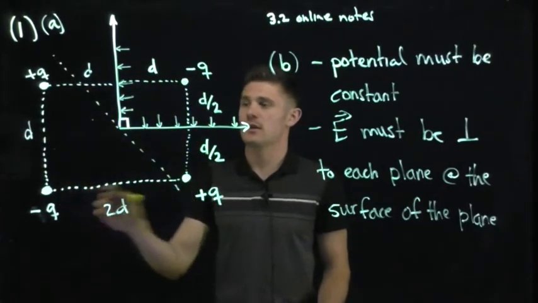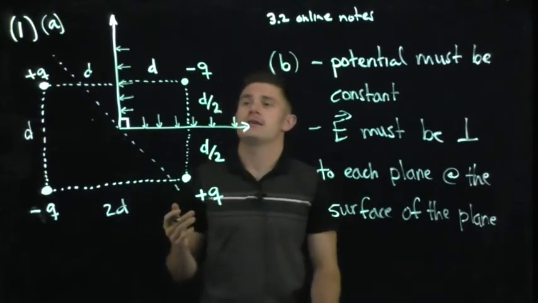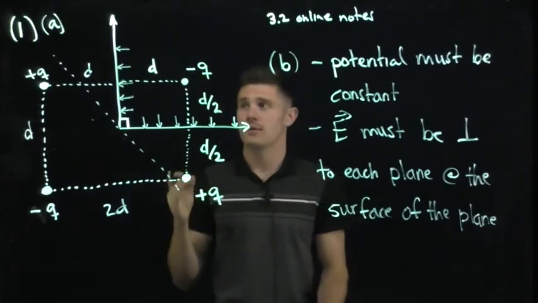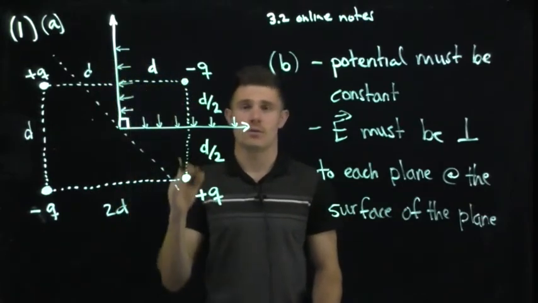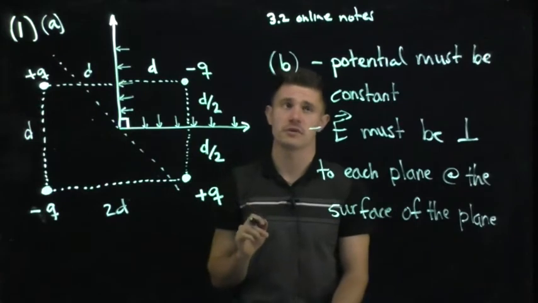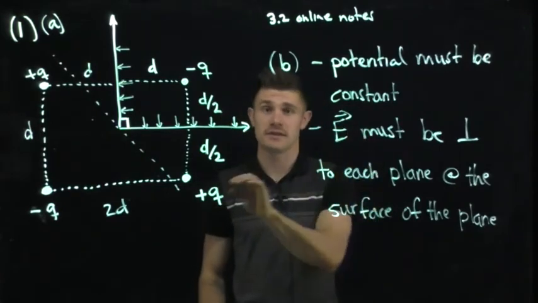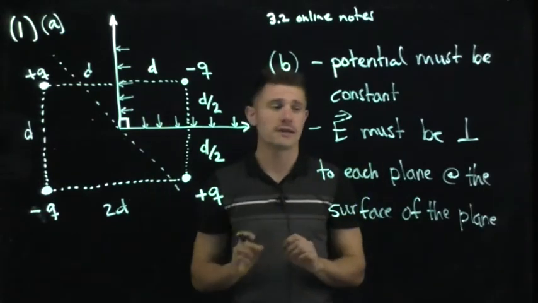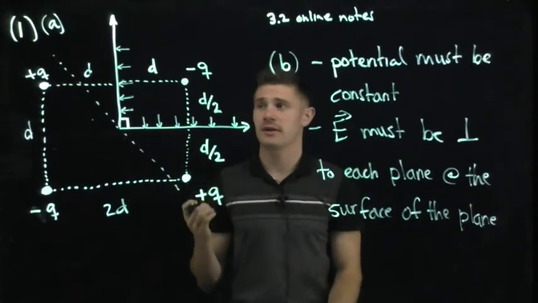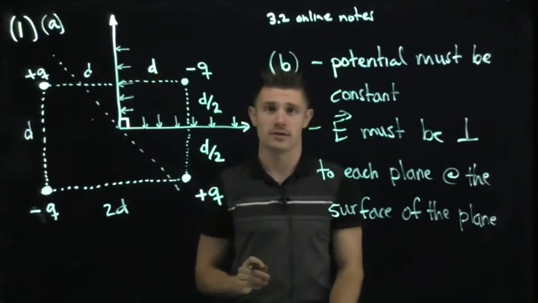It always has to be an oscillating positive and negative configuration, and we put in the required amount based off of the angle that this conducting plane has formed, which is kind of described in your 3.2 notes. And the physical conditions that must be satisfied for this to be the configuration are that the potential must be constant along each plane, and that the electric field must be perpendicular and have no parallel component at every point along the plane as well.